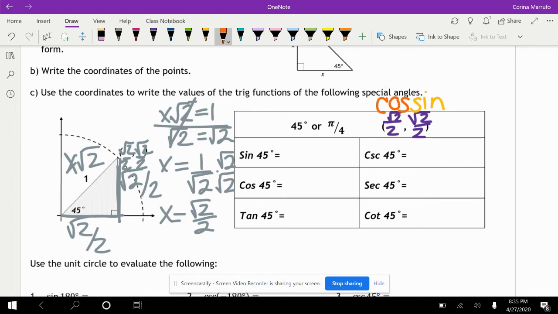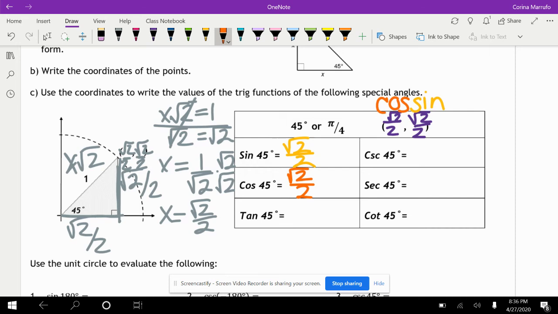Okay, so here it says sine of 45 degrees. Well, we already know sine is your y value, so that means sine is equal to the square root of 2 over 2. We know cosine is your x value, so that means it is the square root of 2 over 2.